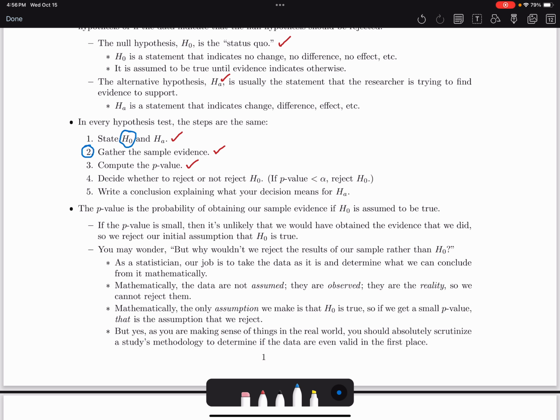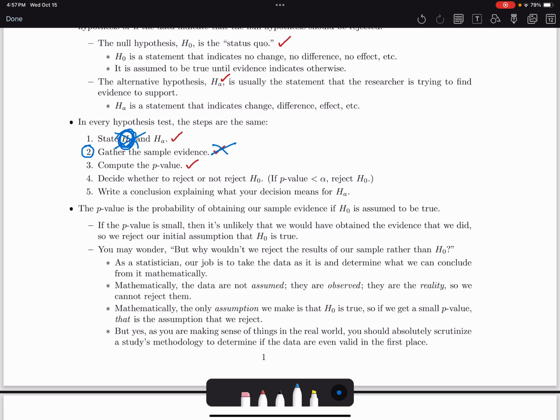If the resulting probability is small, then that means that it's highly unlikely that we would have obtained the evidence that we obtained here if we assume the null hypothesis to be true. And so therefore, we should reject the null hypothesis, because what we observed is what we observed. If we're getting a small probability, then that indicates that our assumption is probably wrong, so we reject it.